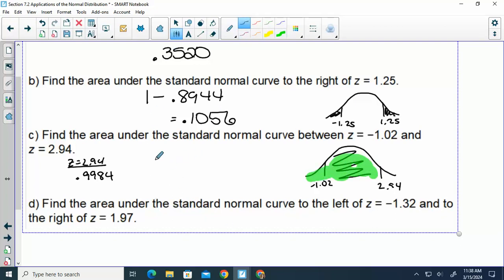Now let's look up negative 1.02. Okay, so that means the area right here is 0.1539. So to get what's between them, we just subtract those two. And what's that give us?